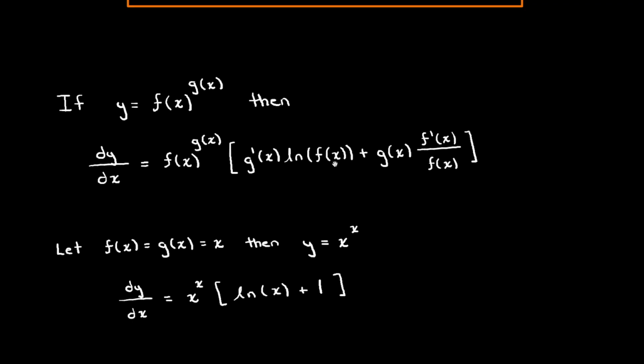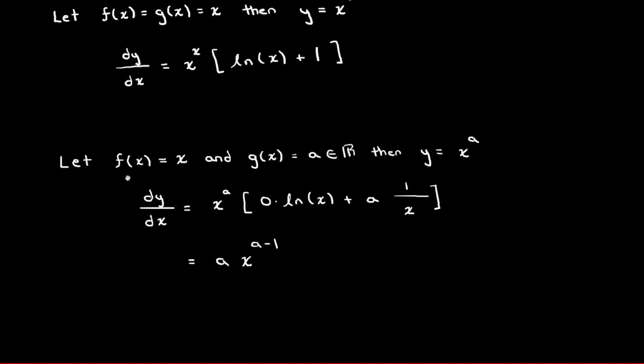And then natural log of f of x, which is just natural log of x. And then over here, g of x is x, f of x is x, f prime happens to be 1, so the x's cancel and you just get 1 here, and there we go. This is the derivative of x raised to the power of x. It happens to be this rule.